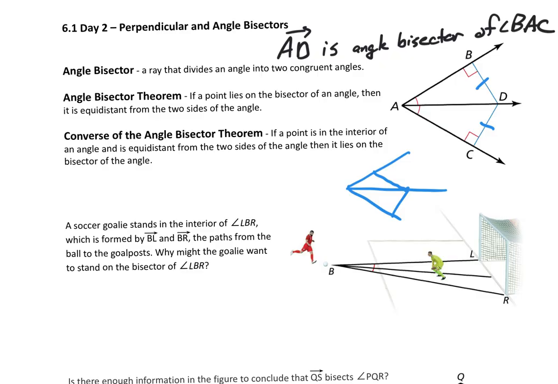And then we talk about the converse. Well, the converse is giving us information the opposite way. If I give you an angle, and I have a point on the interior of that angle that is equidistant from the 2 sides.